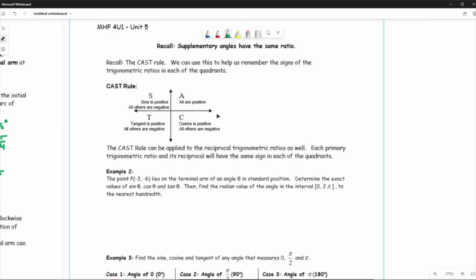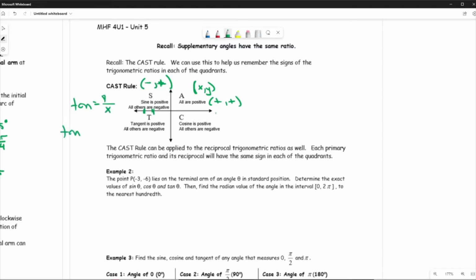If you think about an xy coordinate, the first quadrant is positive, positive, because that's the quadrant that you're in. The second is negative, positive, because cos is negative, like the x numbers are negative, but the sine is positive. Now remember, the tan is equal to the y value over the x value, right? Because the tan is equal to the sine over the cos.